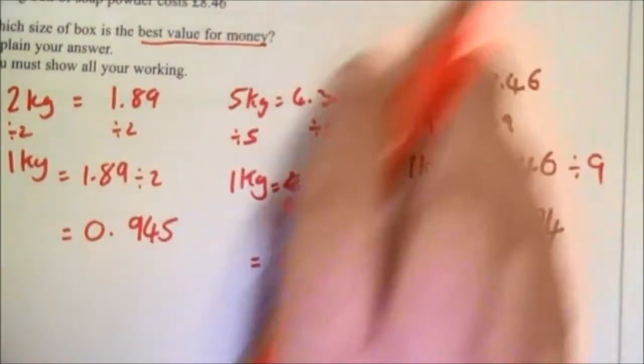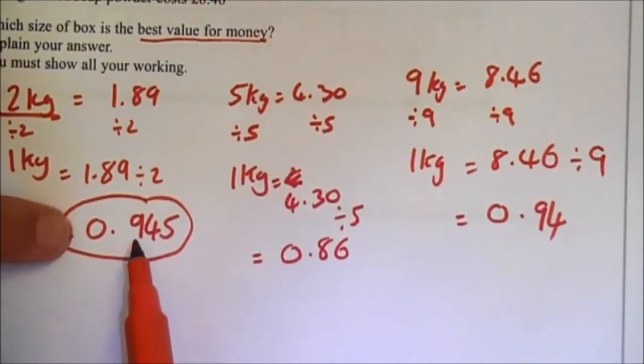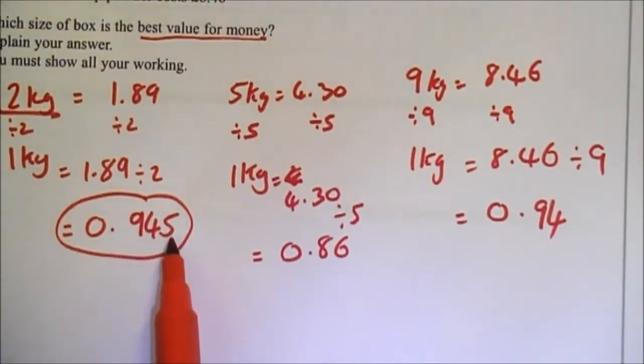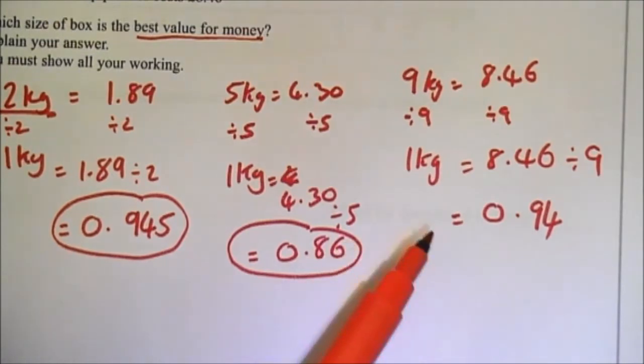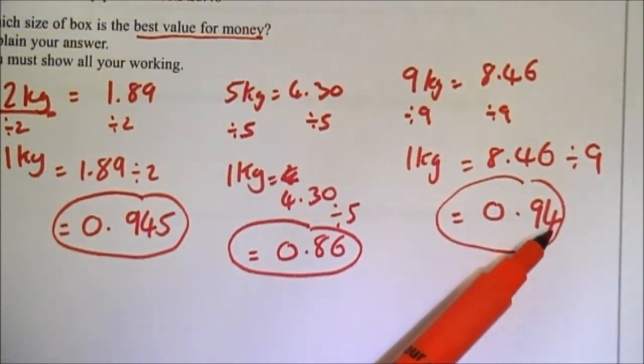So I can see here that my 2 kilogram packet costs 0.945, so that's just over 94 pence per kilogram. The medium box costs 86 pence per kilogram, and the 9 kilogram box costs 94 pence per kilogram.